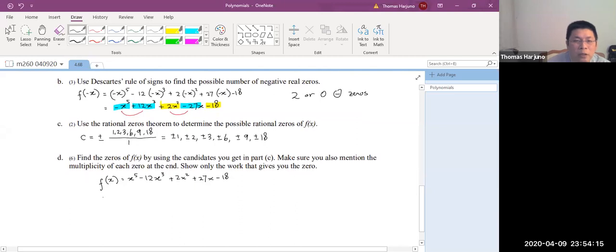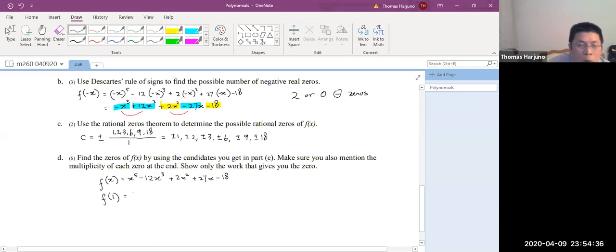Okay, let me ask you to find what is f(1). You can use synthetic division, of course, but if you think about it, when you try to find f(1), you basically replace all the x's by 1. Is it right?